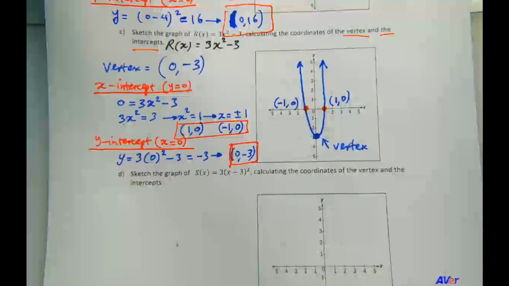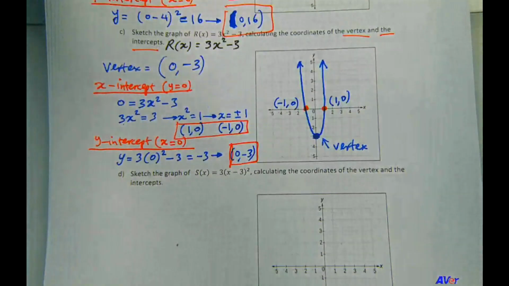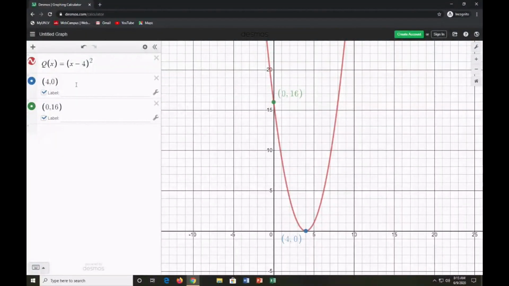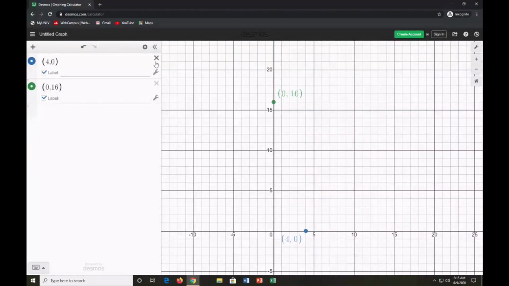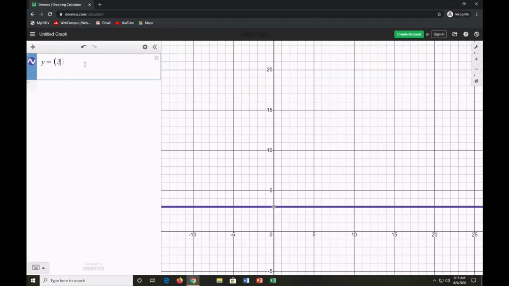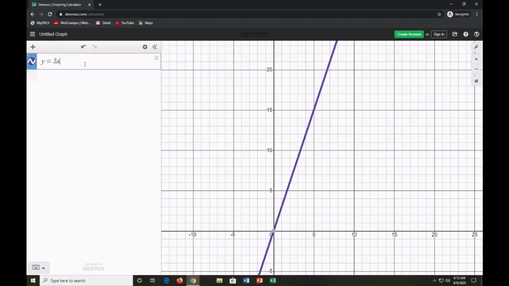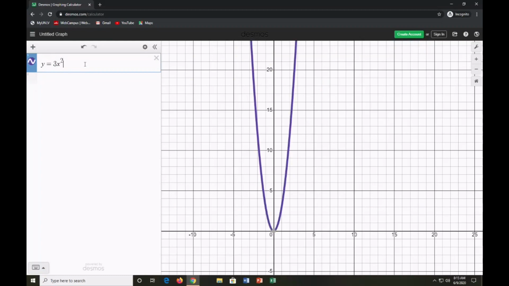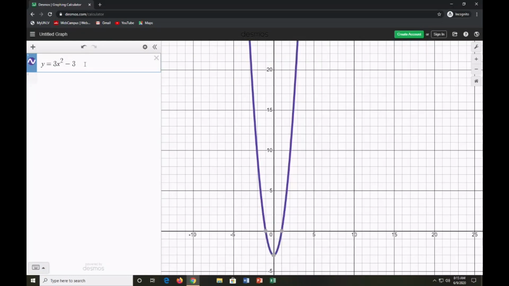Okay, so we can show that by going to our computer. So the graph is y equals, or r of x equals 3x squared minus 3.